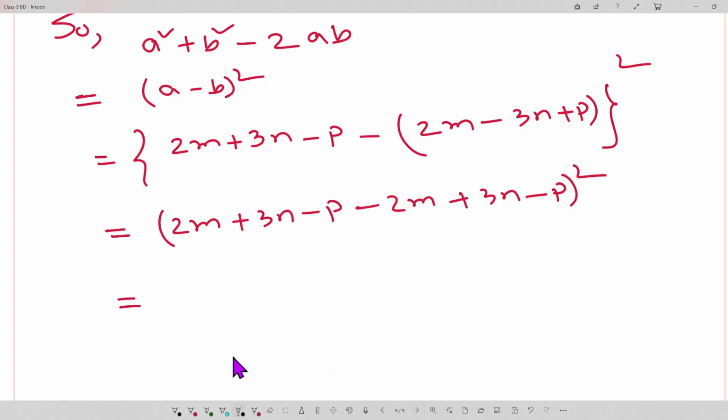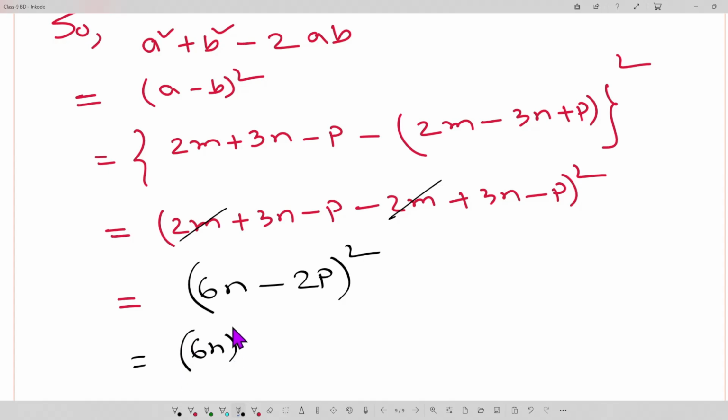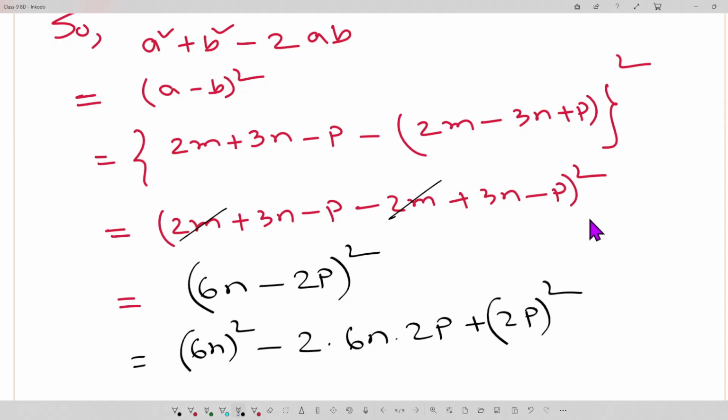So what will happen in here? 2m minus 2m is out, right? And then here is (6n − 2p) whole square. It is also looking like (a − b) whole square. So (6n) square minus 2 times 6n times 2p plus (2p) square.